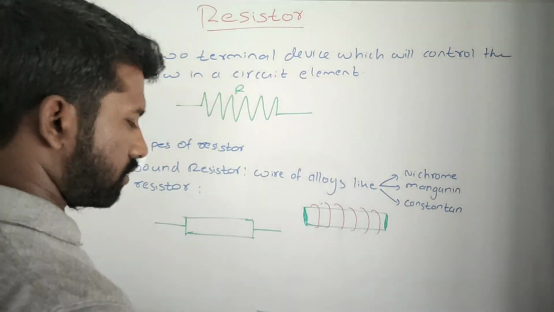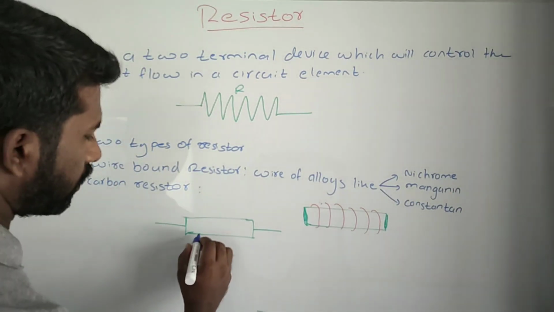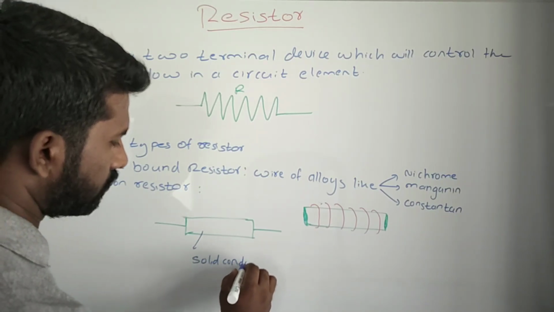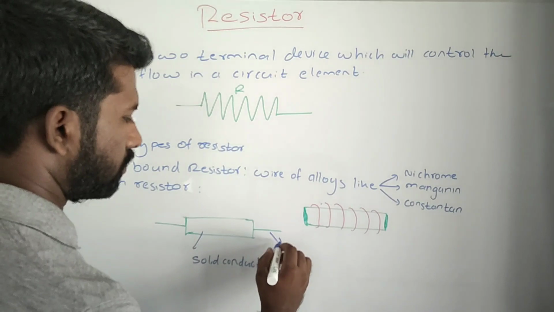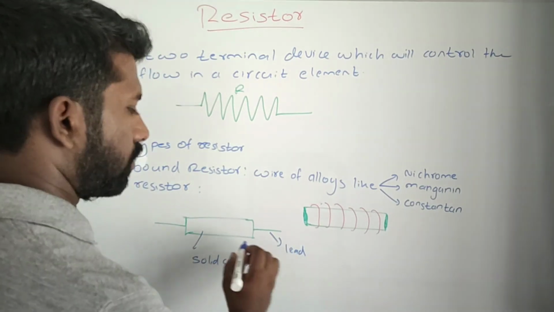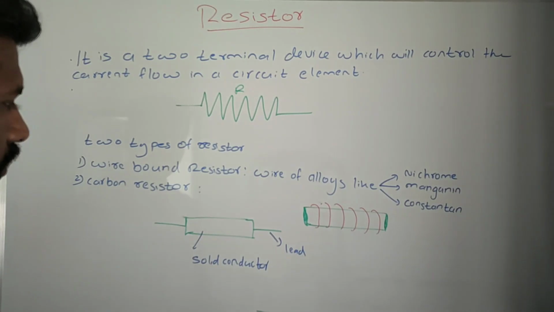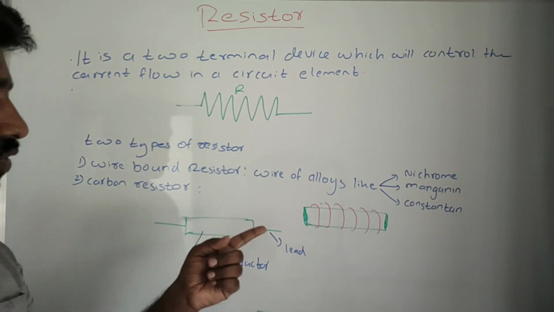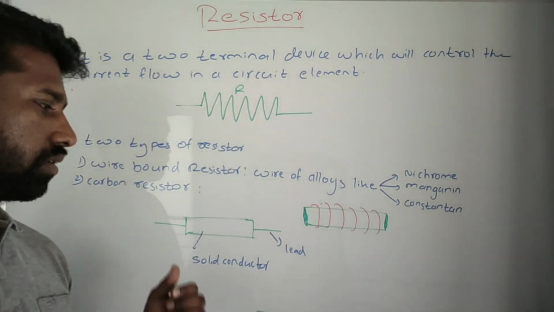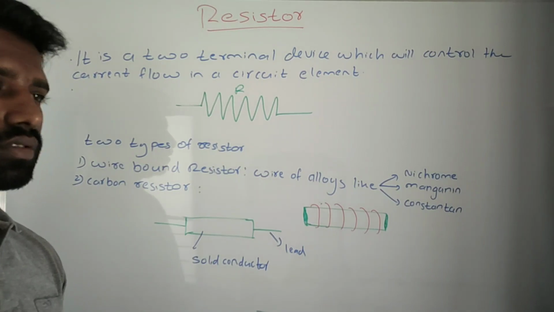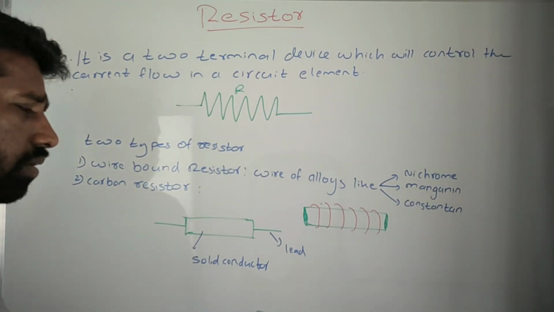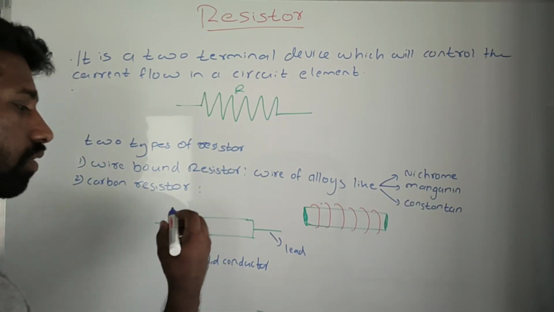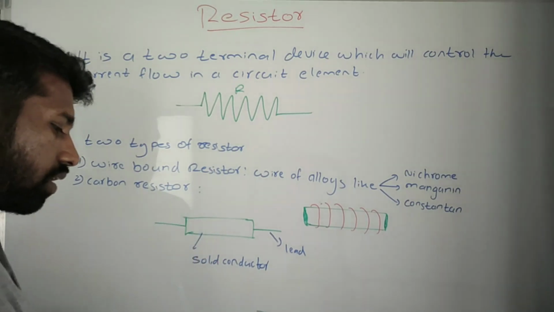Okay, clear? So a solid conductor has two lead ends or metallic ends. By using these ends, we can connect it to the circuit. Clear? And for carbon resistors, the resistor value is noted down in the form of a color code.